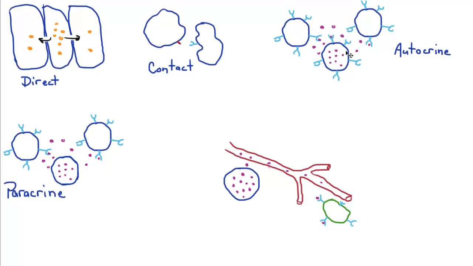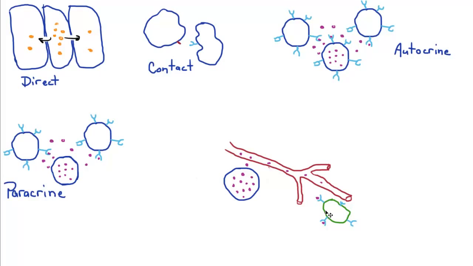Autocrine, you've got your secreting cell right here, and your secreting cell also has receptors for the signal that is being secreted, and then it can affect some of the cells around it that also have the receptors. Paracrine is almost just like autocrine, except you don't have the receptors on the secreting cell.